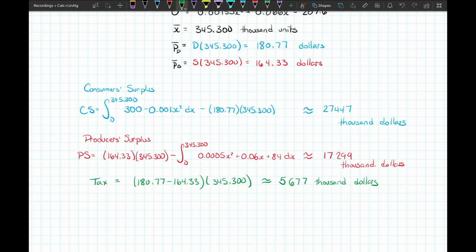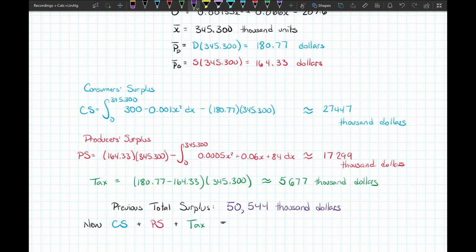Now, what happens if I add these three things together? It's not going to be the same as the total surplus that we had previously. Previously, our total surplus was $50,544,000. If we add our current consumers' surplus, producers' surplus, and tax together, now we only get $50,423,000.